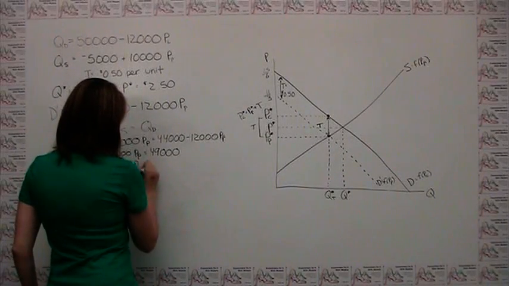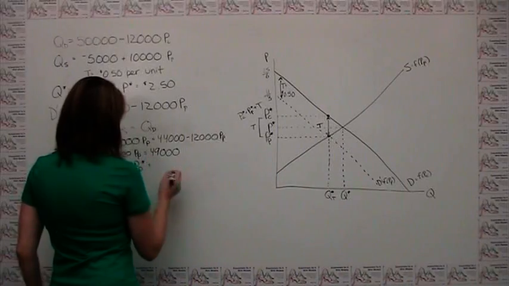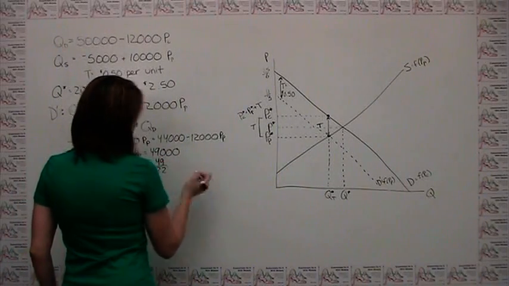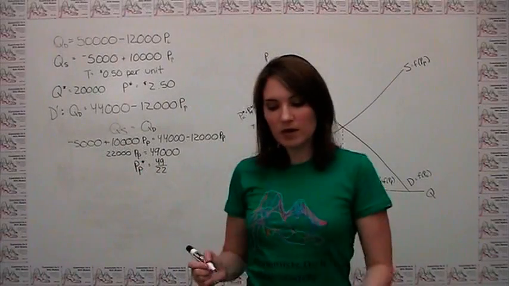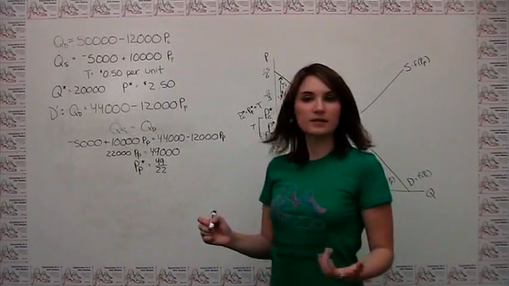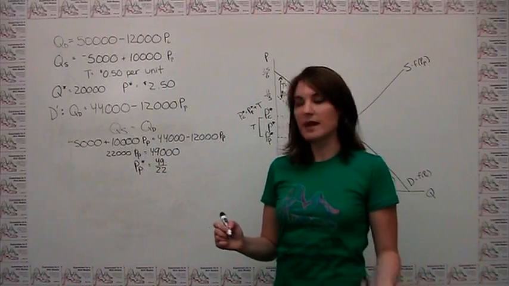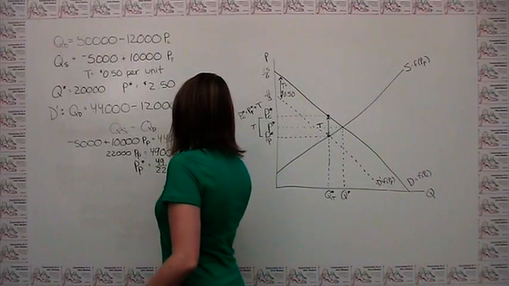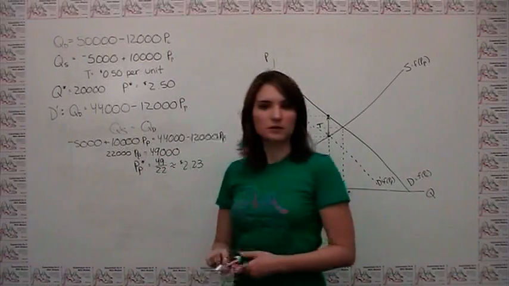So the price that the producer gets to keep in equilibrium is just equal to 49 over 22. Putting that in decimal, we actually get the same thing that we got when we put the tax on the producer. We say that this is actually equal to $2.23.